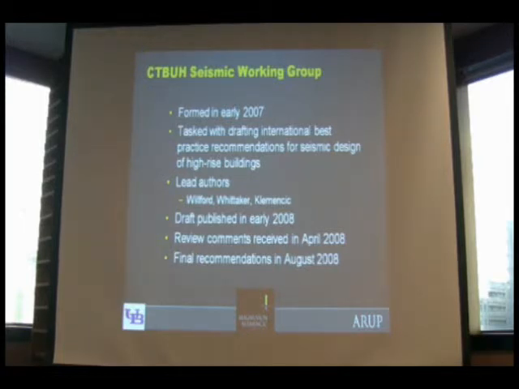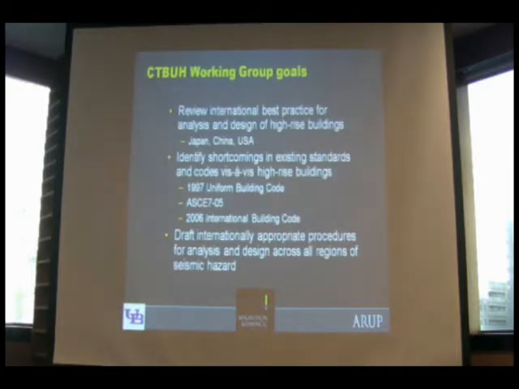We received comments from many countries around the world, including here in Australia. In April 2008, we went through an exercise of updating the document, and we will publish our final recommendations probably in late August. The recommendations will be available on the Council's website.